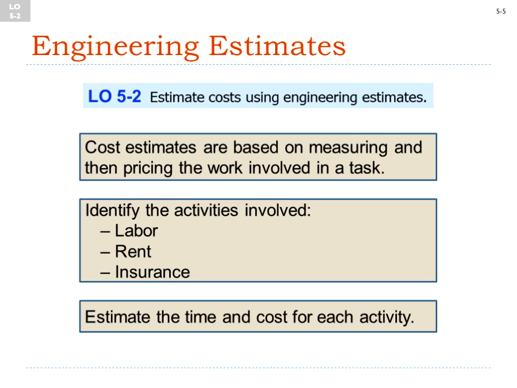The first method is called engineering estimates. Again, this term sounds pretty scary, but it's really not bad. The concept is that managers are going to identify activities like labor, rent, and insurance, and then estimate the time and cost required for each activity.